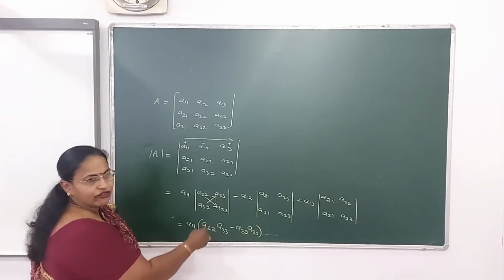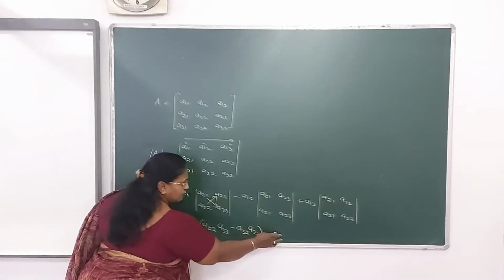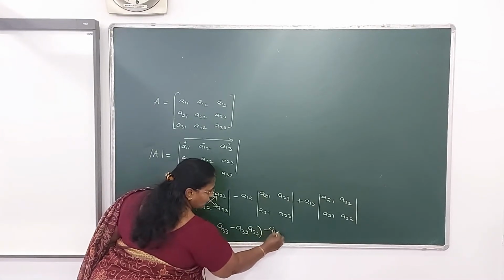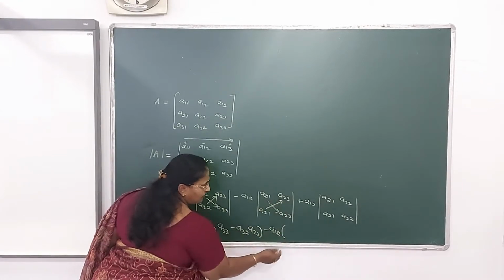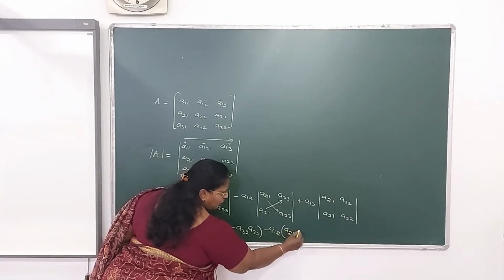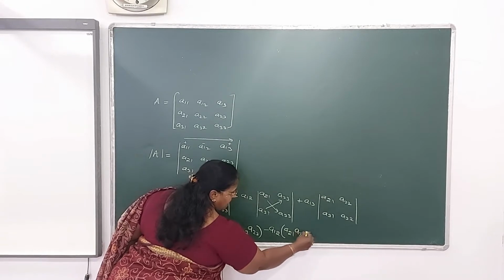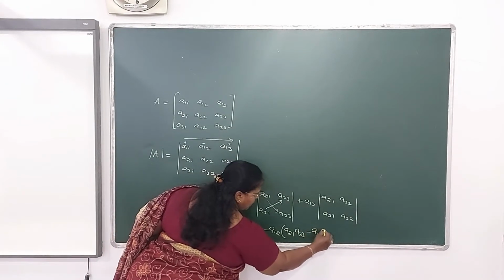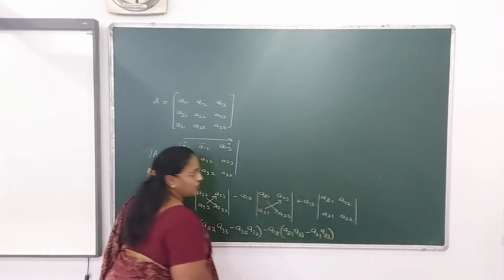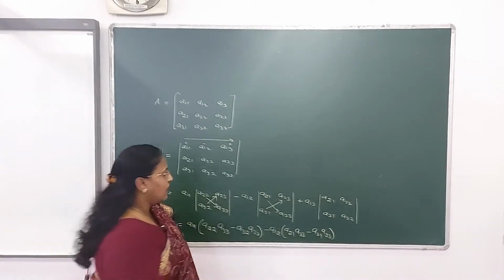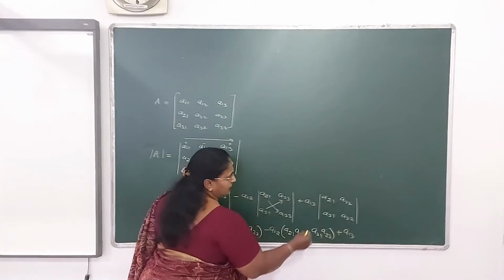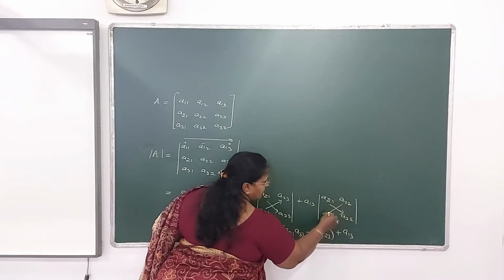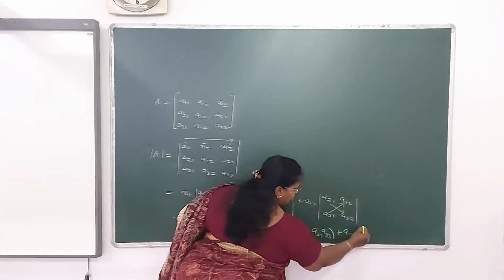Likewise you will proceed for the other two also. So it's minus A12. Open a bracket here also. Product of diagonal minus product of other diagonal. So it's A21 into A33 minus A31 into A23. So this is also over. Now moving to the third one. It's A13 into, let's solve this determinant. Open a bracket here.